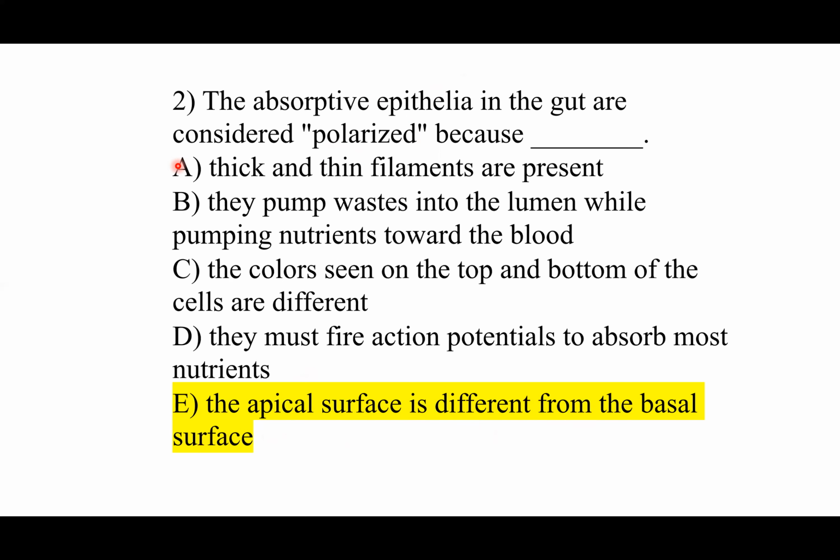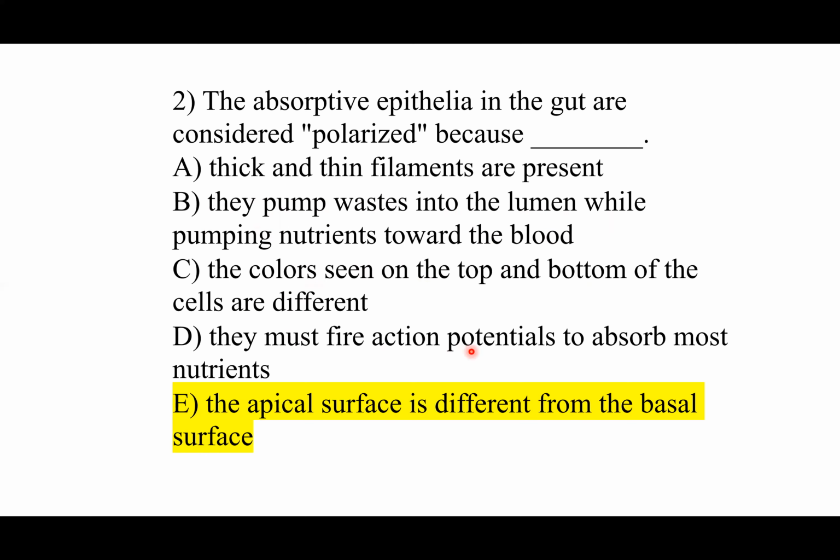If you answered A, I could kind of see thick and thin, kind of opposites, maybe polarized, but that's not quite right. B, they pump waste into the lumen while pumping nutrients toward the blood. Well, this doesn't really have anything to do with polarized. D, the colors seen on the top and the bottom of the cells are different. We didn't really even talk about that.